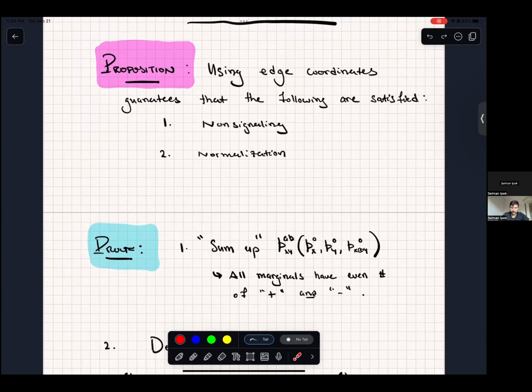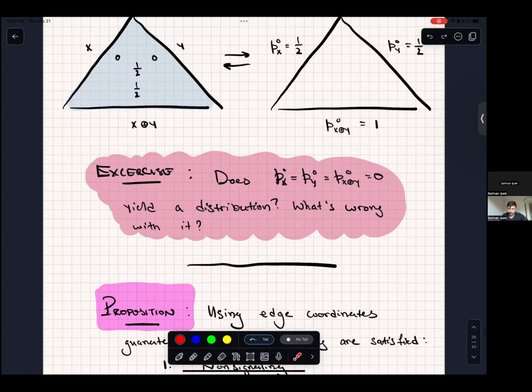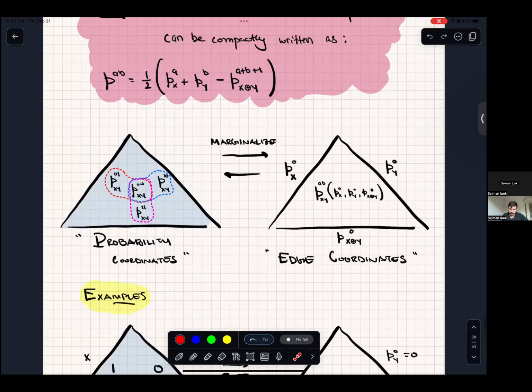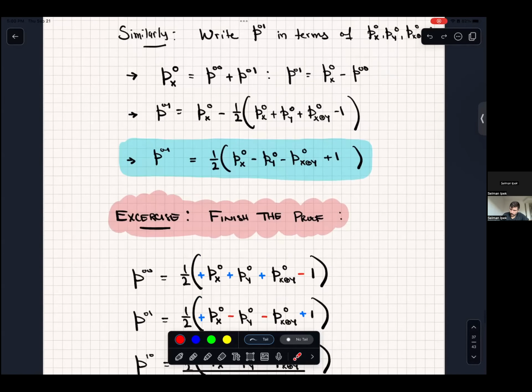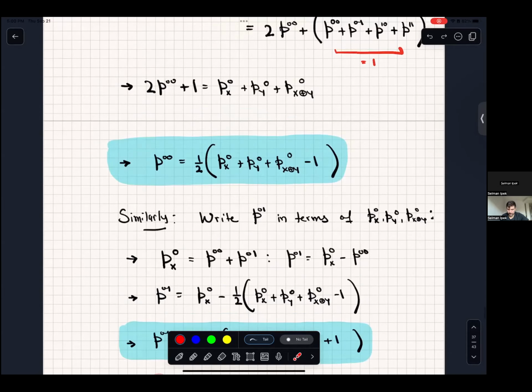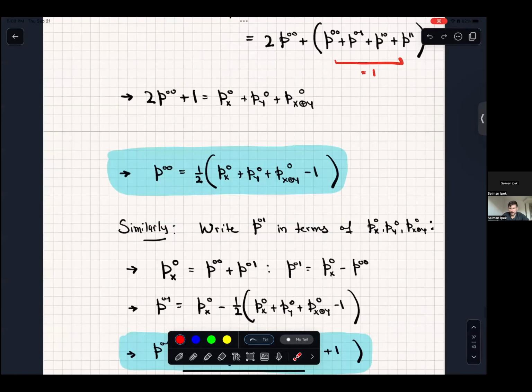Okay, so piggybacking off of that, we have this proposition that using edge coordinates guarantees that the following are satisfied: non-signaling and normalization. So normalization is kind of straightforward to see because we actually use normalization in the derivation, right about here. And in fact, if you just look at these expressions, you'll see that it's normalized.